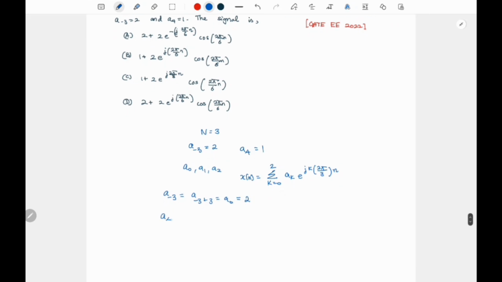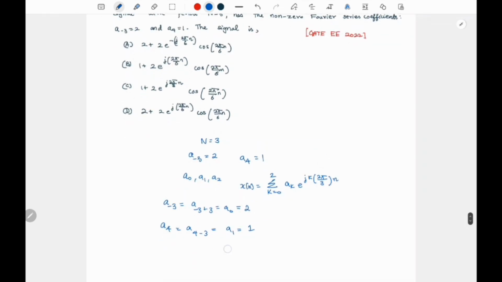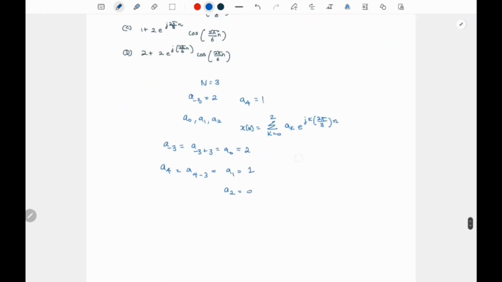And from a4 I can get a4 minus 3 equal to a1 equal to 1. So only these two are my non-zero Fourier series coefficients. So my a2 is going to be equal to 0. Now I can substitute it here. So I have 2 plus 1 into e power j 2 pi by 3 into n.